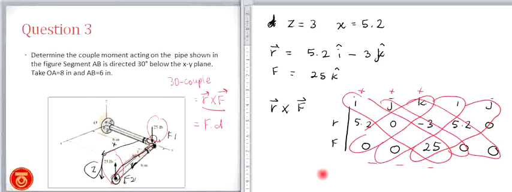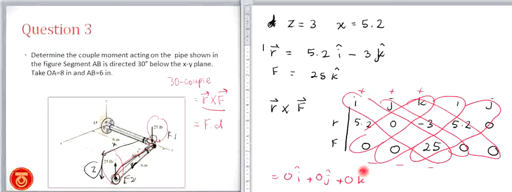So for i, 0 multiplied by 25 is 0i, and then minus 0j. Actually this is positive, but the value is negative, so I think it's better to write plus here.